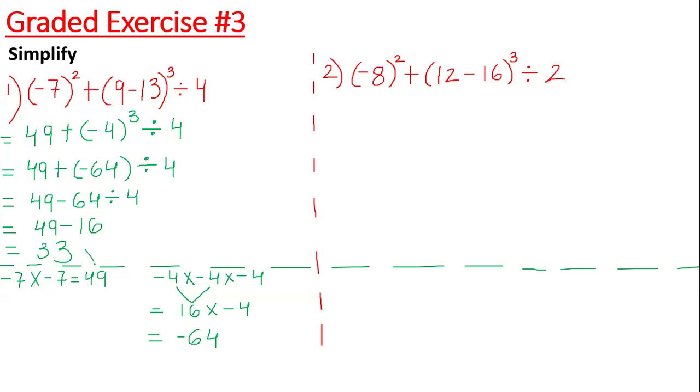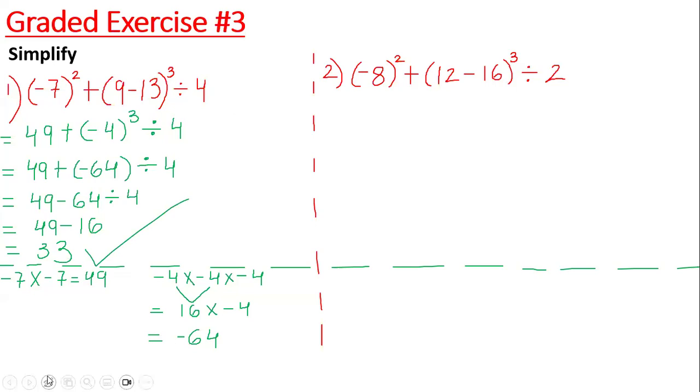Did anyone else get 33? I did. I changed my answer because I did addition instead of subtraction. I didn't do the division. What did y'all get for number 2? 32.